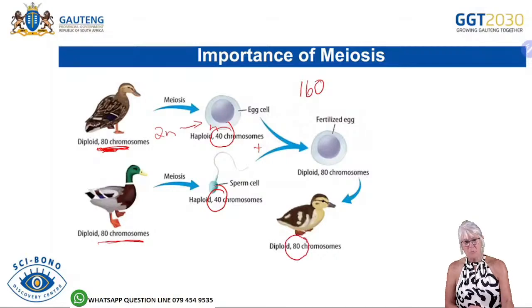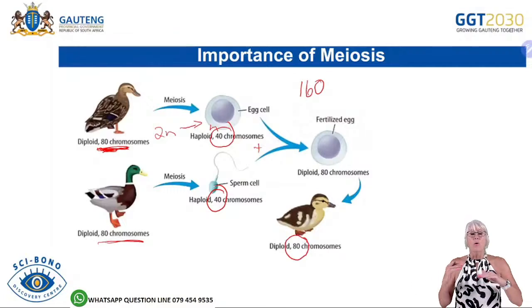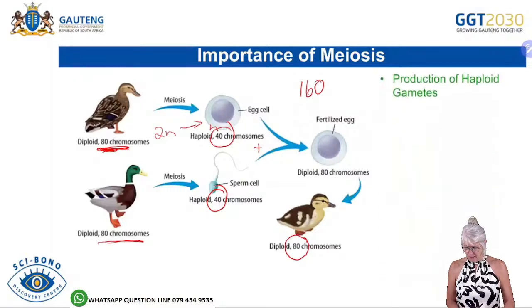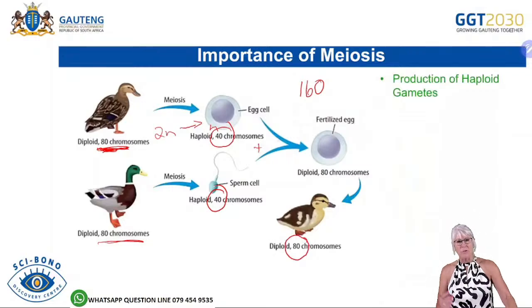So one of the importances of meiosis is that it maintains the chromosome number, or creates haploid gametes. Then another one is that it creates genetic variation. So the first thing is that it produces haploid gametes, or maintains the chromosome number.